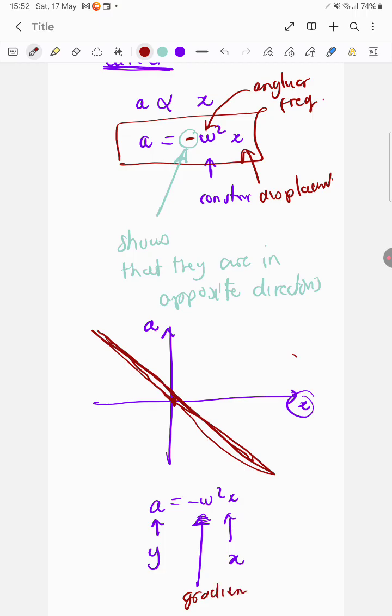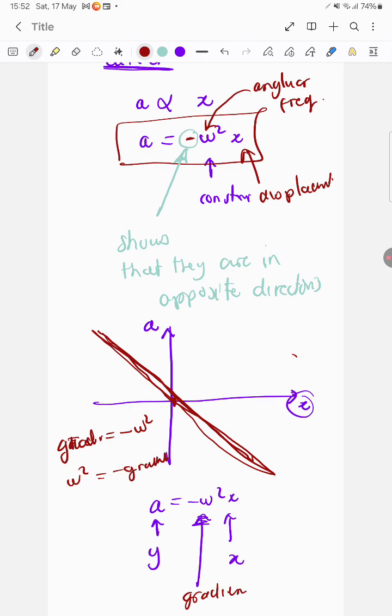So in the exam, you should write gradient is equal to negative omega squared, or omega squared is equal to negative gradient.